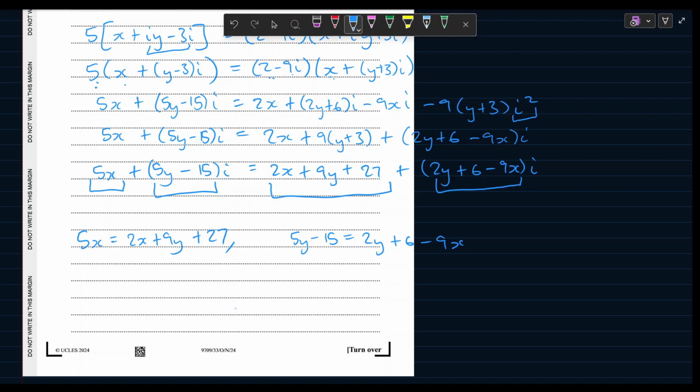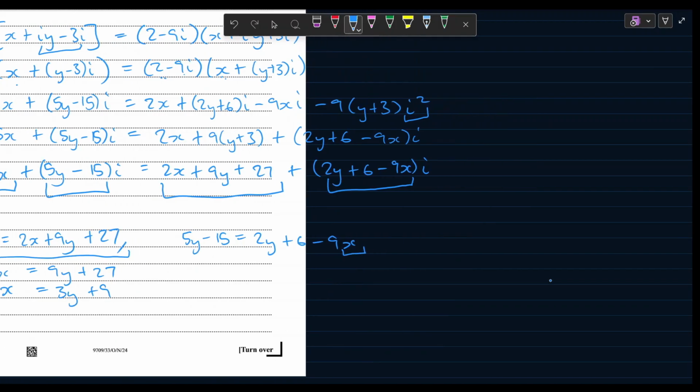All right. And now we've got two equations in terms of x and y. So let's make x the subject of the formula in this first equation. So that's 5x minus 2x, which gives us 3x, is equal to 9y plus 27. Divide through by 3, x is equal to 3y plus 9. So we can replace this x here with 3y plus 9.